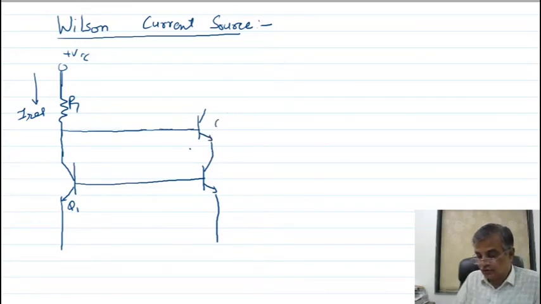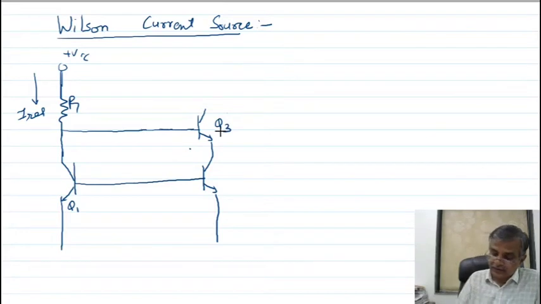This is your Q3, and this current I am writing, it is nothing but IO is equal to IC3.